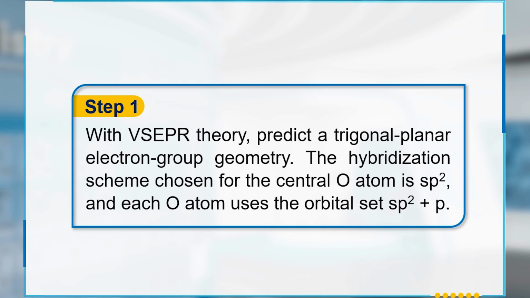The hybridization scheme chosen for the central oxygen atom is sp2, and although we normally don't need to invoke hybridization for the terminal atoms, this case is simplified if we assume sp2 hybridization for the terminal oxygen atoms as well. Thus, each oxygen atom uses the orbital set sp2 plus p.